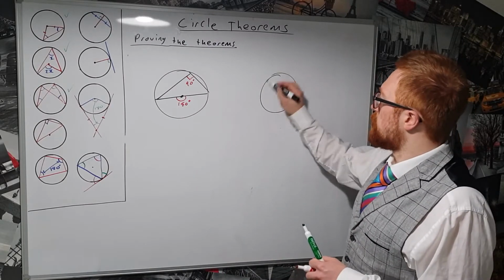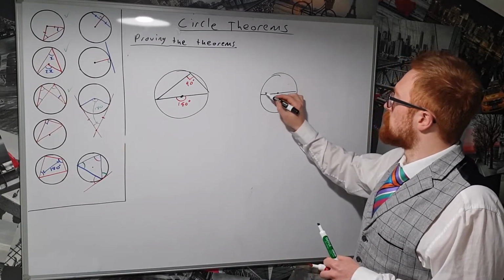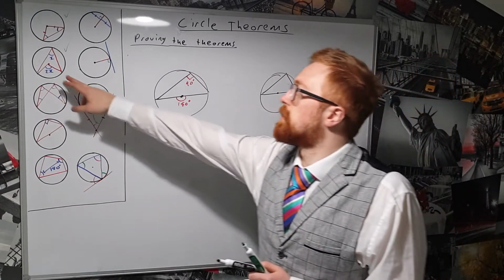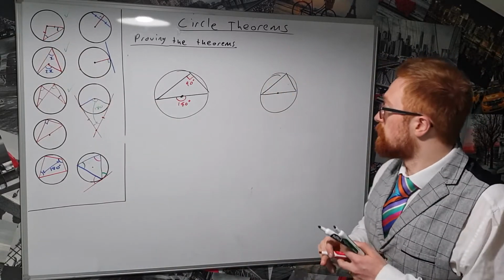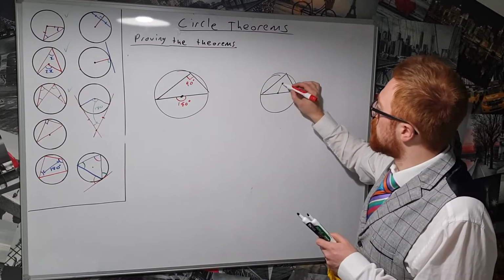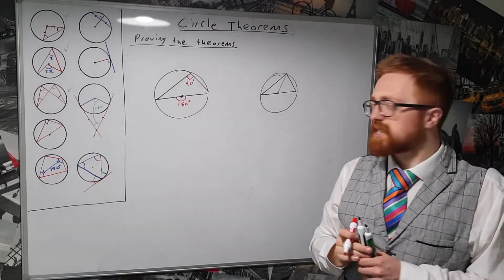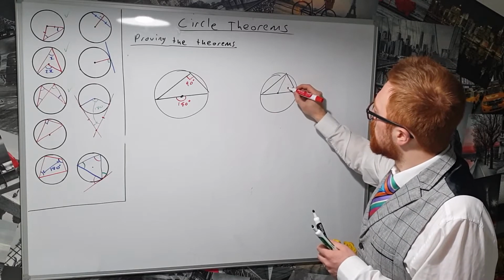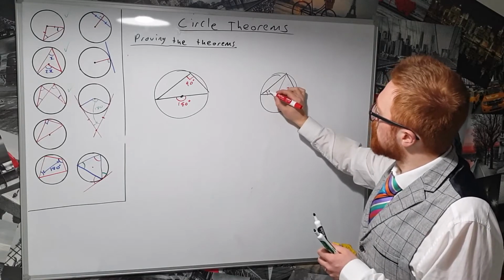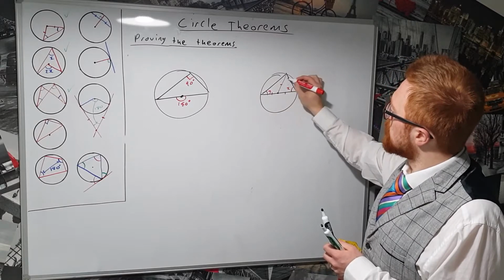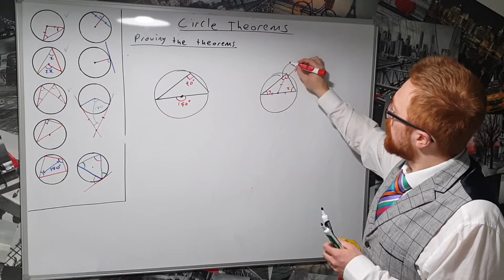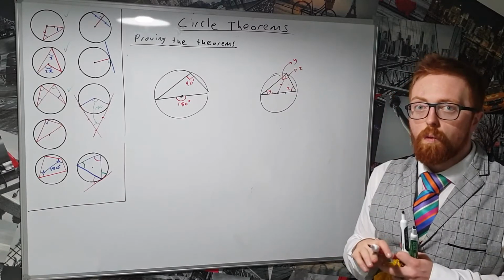I'm also going to prove it without using this circle theorem, using the fact that we can form isosceles triangles. So let's split it like that. If this here is x and this here is y, because this is isosceles, this angle here is also x and this angle here is also y.